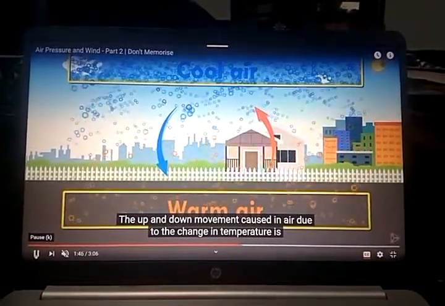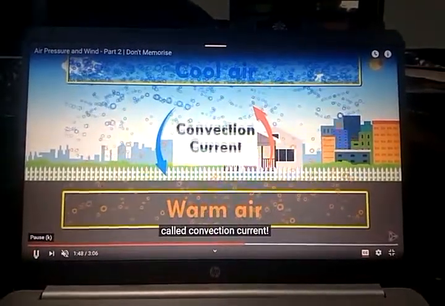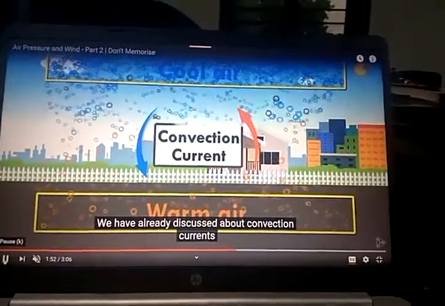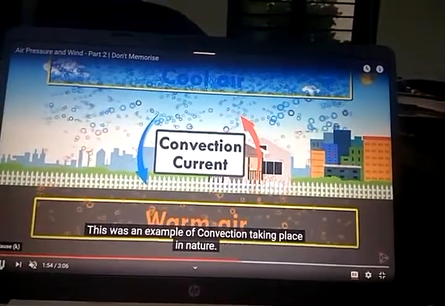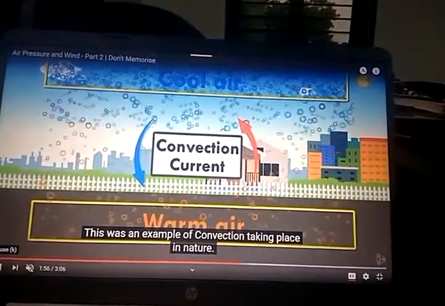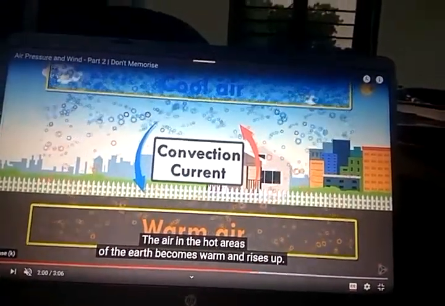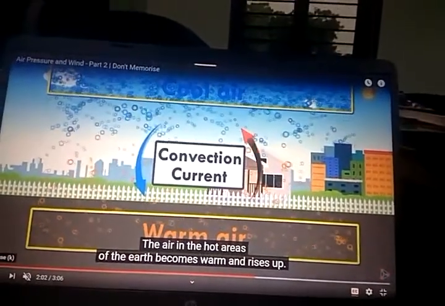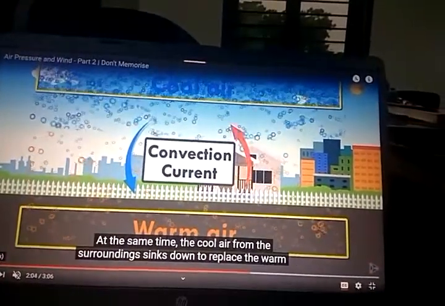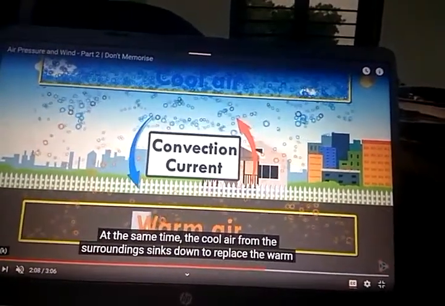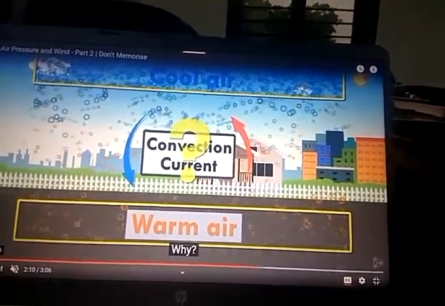So the up and down movement in air is caused by this. Here you can see the convection current. Warm air rises up, cool air moves down.